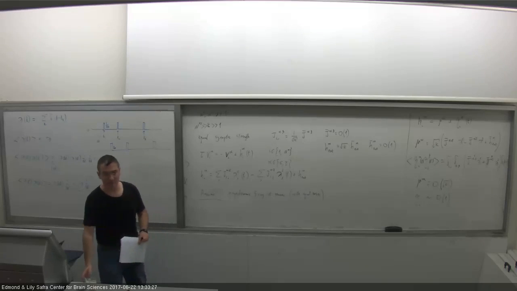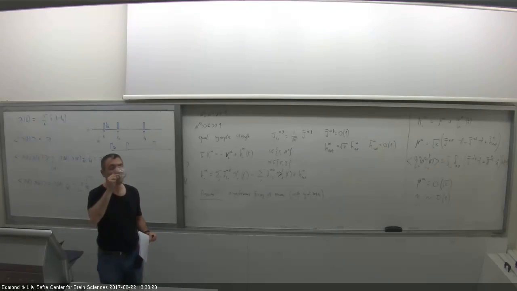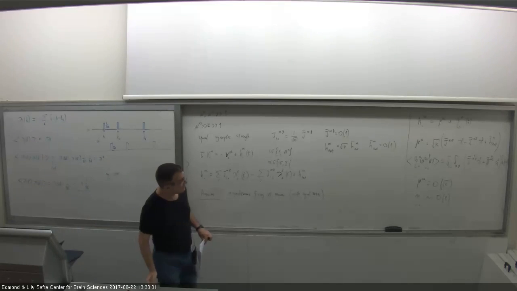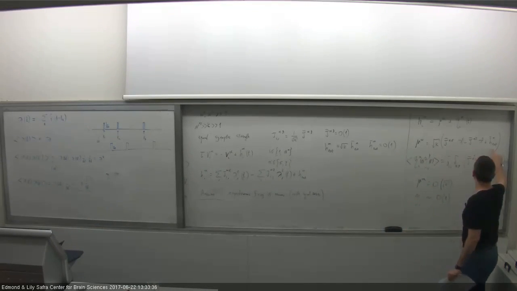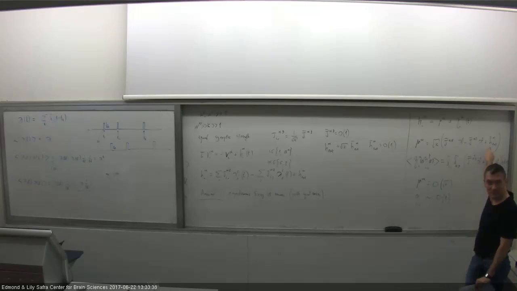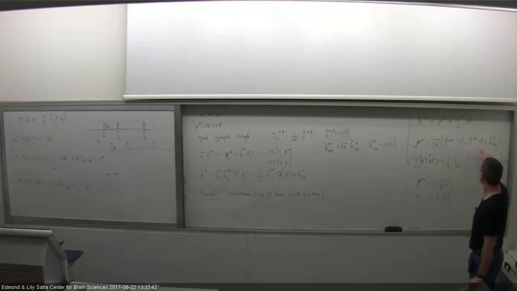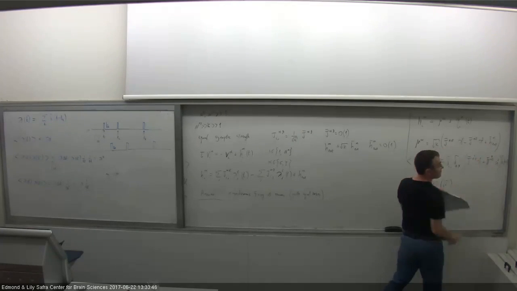Now, if no saturation solution exists, the implication is that this term inside the brackets should be order 1 over square root of k.